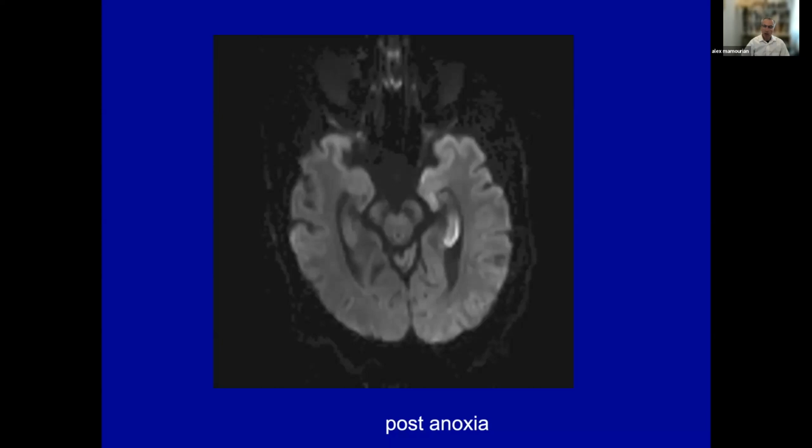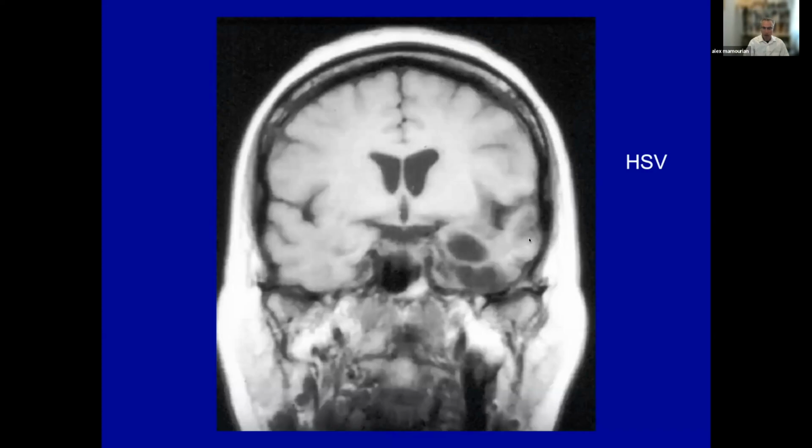And just last week, I saw a case of heroin drug overdose with resuscitation with bilateral hippocampal abnormalities. These are very likely the consequence of this phenomenon of selective vulnerability, and it may or may not be associated with basal ganglia abnormalities.